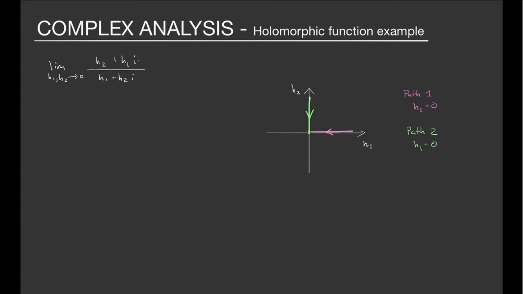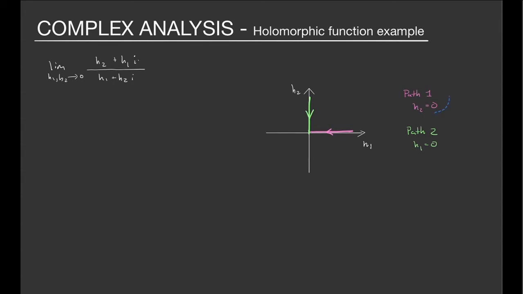We consider these two paths that will take us down to 0, 0, where h1 and h2 are 0. Now, there are many paths. We could have taken a squiggly path like this and so on, but we wanted just to consider two simple paths and show that we can possibly find that the limit doesn't exist.